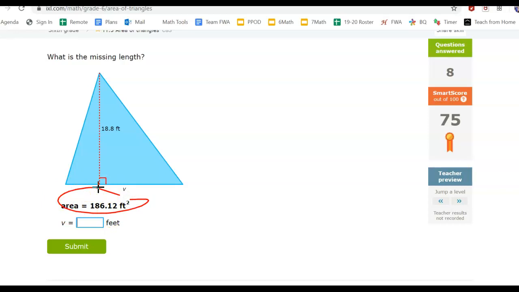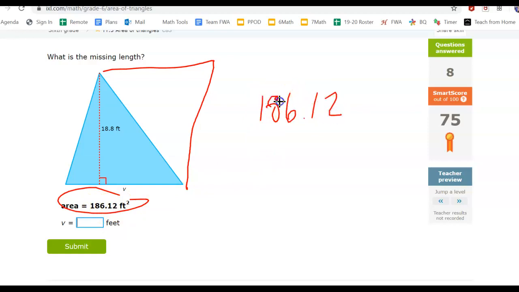Okay, so in this case, they give us the area is 186.12. And remember, that's half of the area of a parallelogram. So what that means is I can double this, 186.12 times 2.